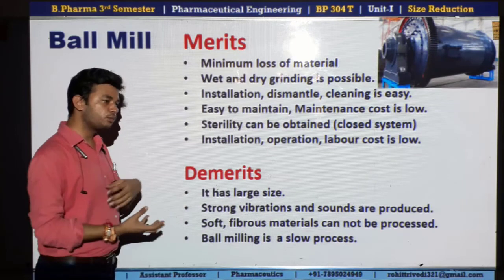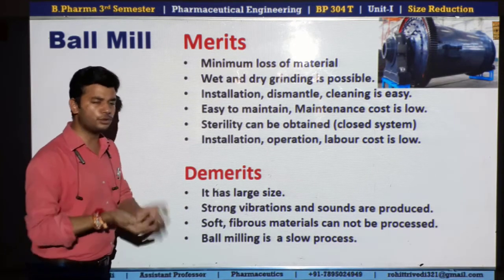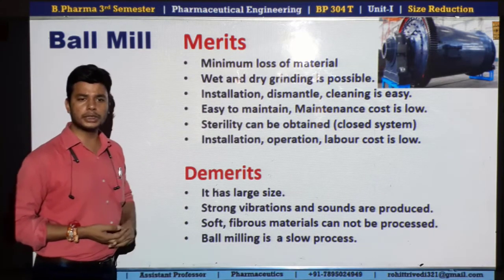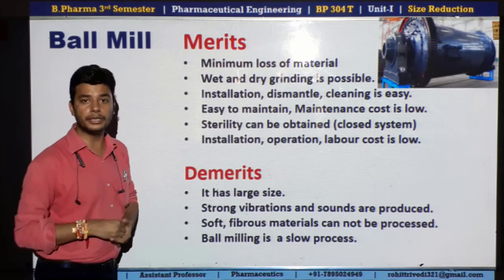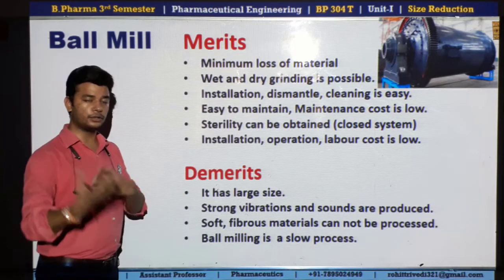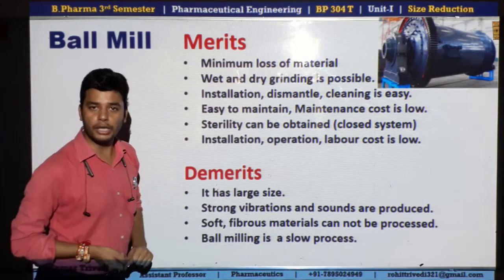So the costing and the time duration taken by the machine ultimately lead to increased material cost and processing cost, and ultimately it will be a burden for the consumer or the patient who is using the pharmaceutical formulation processed by the ball mill.